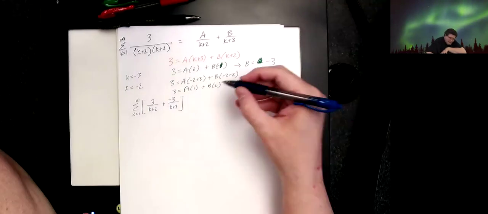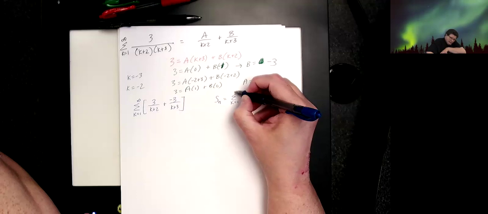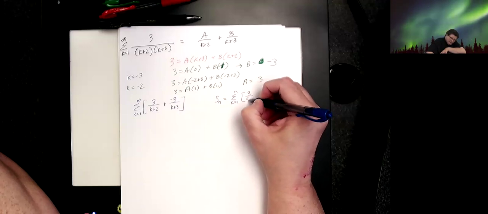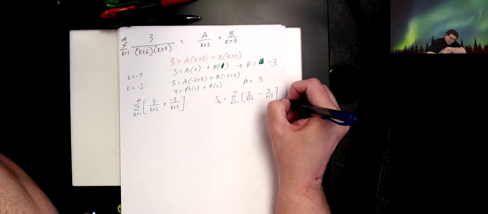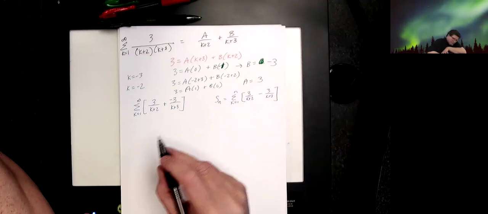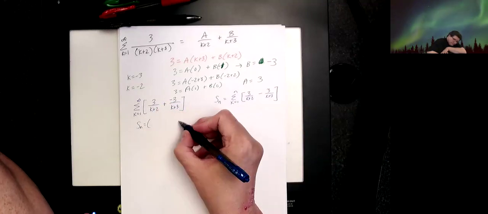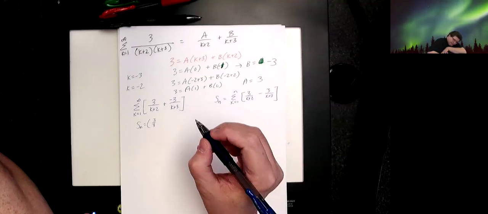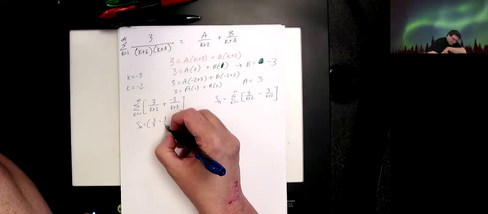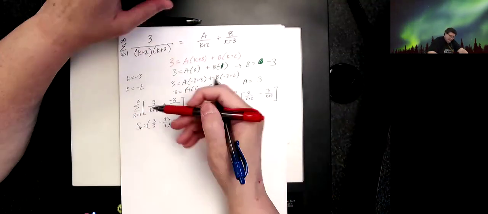So we'll do S sub n equals the sum from k equals 1 to n of this ruckus. And let's write out a few terms. I've got 3 over 3 minus 3 over 4. That's k equals 1.